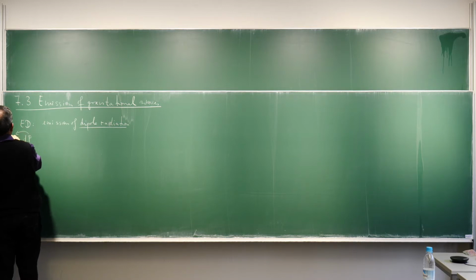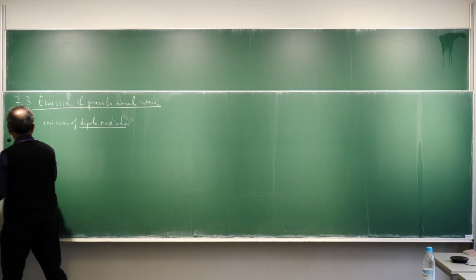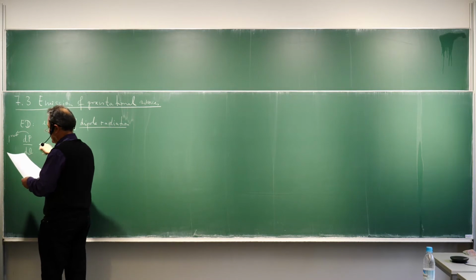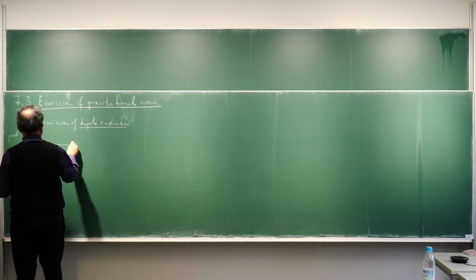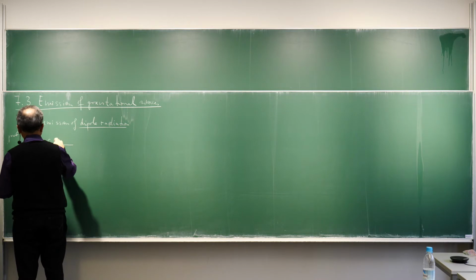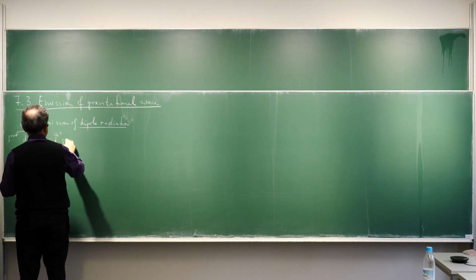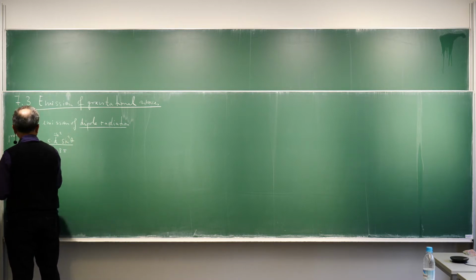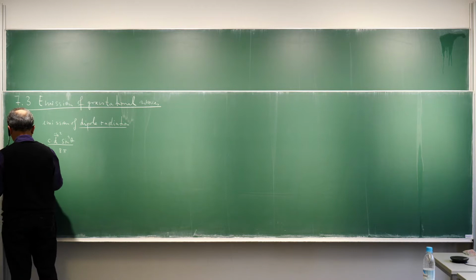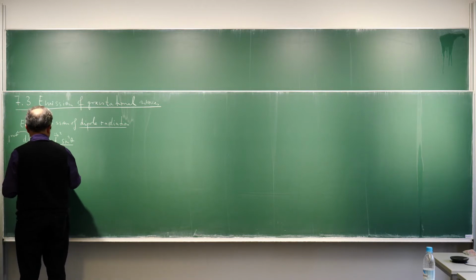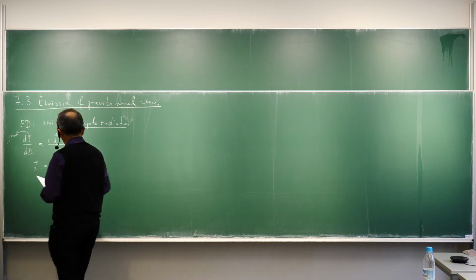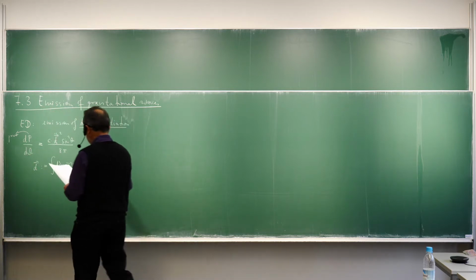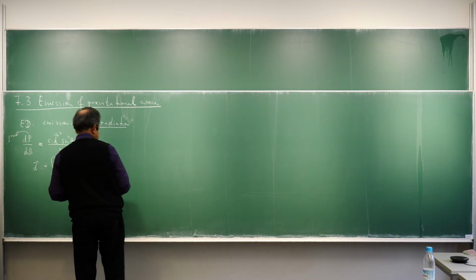So this is the power, and omega is the spherical angle, and I take the speed of light into account: c times d double dot squared sine squared theta over 8 pi, where d is the dipole moment, which is defined as the integral over x times the charge density. Now this should be known to you.